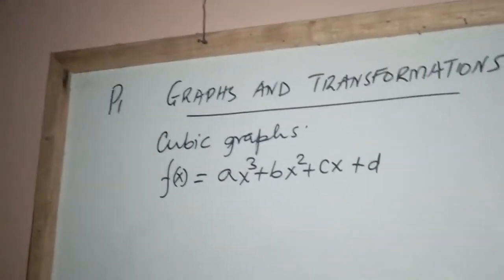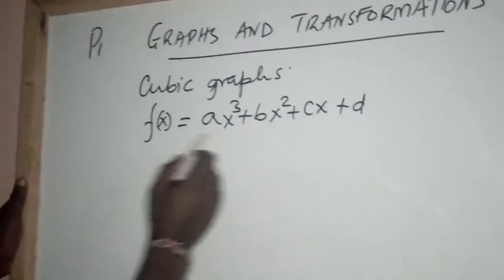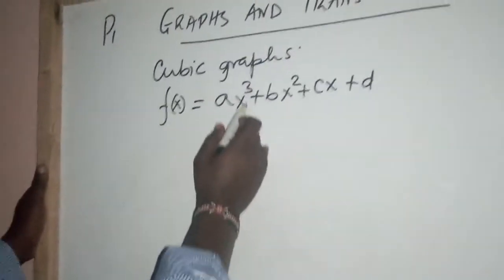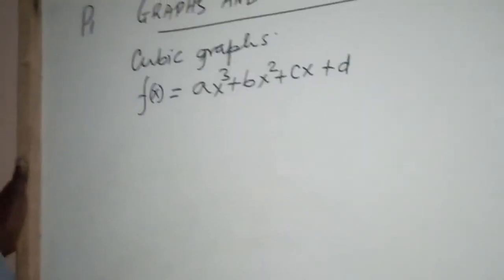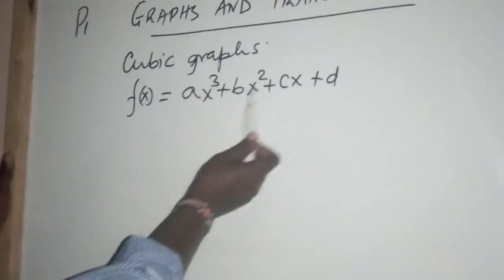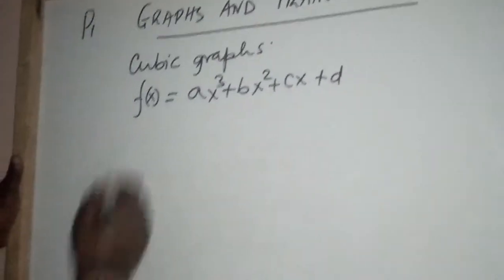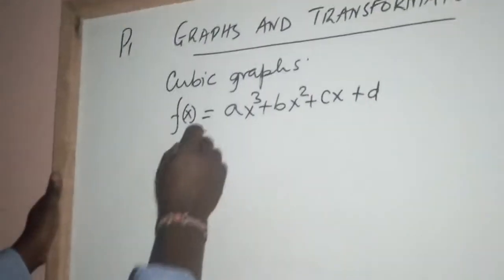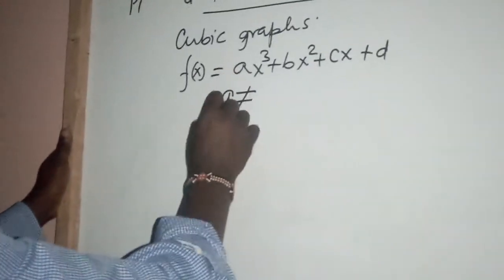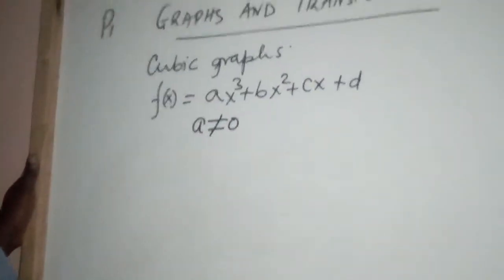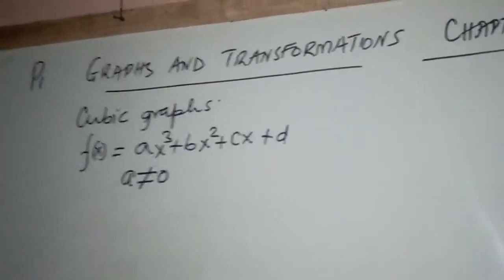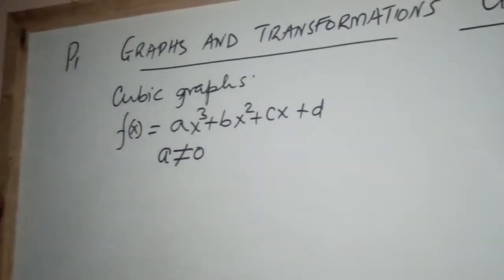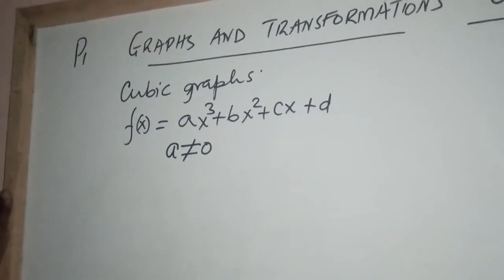We must be advised that the general cubic graph is of this form: ax cubed plus bx squared plus cx plus d, where a, b, c, and d are real numbers, but there is only one rule: a is not supposed to be 0, because if it was 0, then the first term ceases to exist, and the whole function is no longer a cubic function.